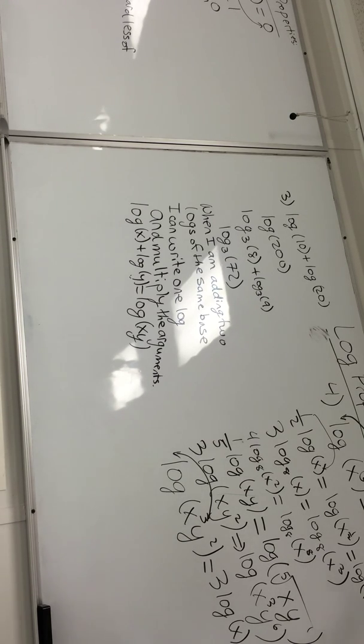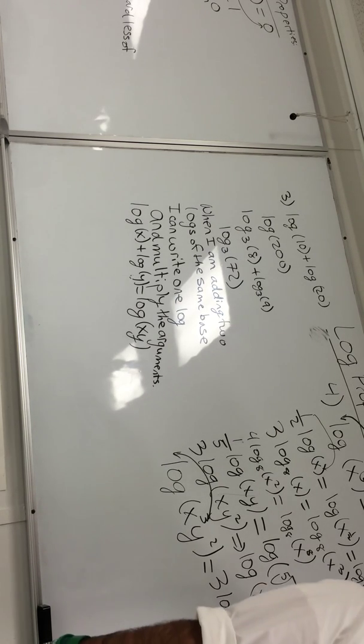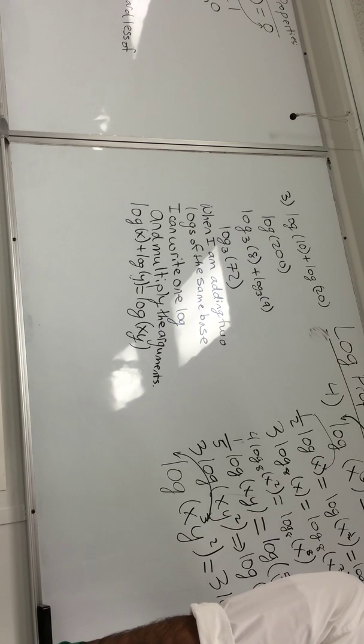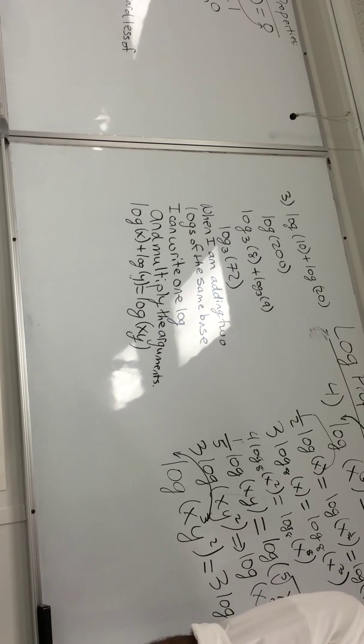Let me stop here and take questions on it. Let me write this in a sentence. So, if there is an exponent on the argument, the exponent can come in front of the log.